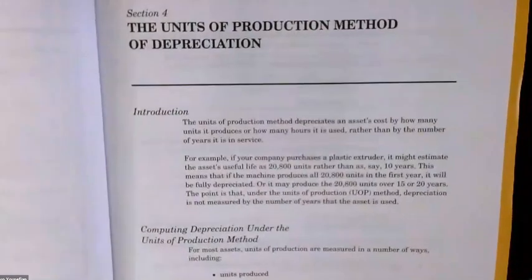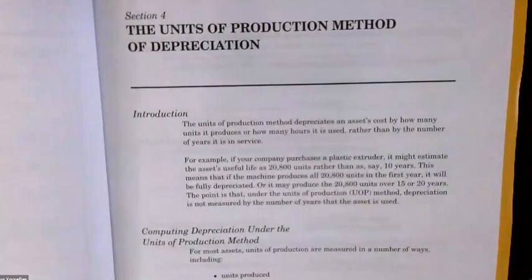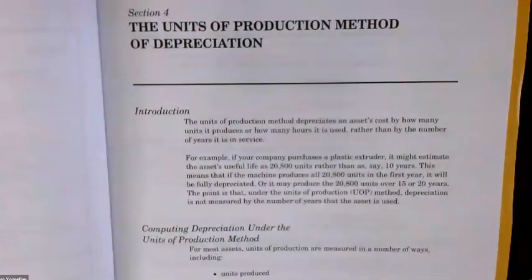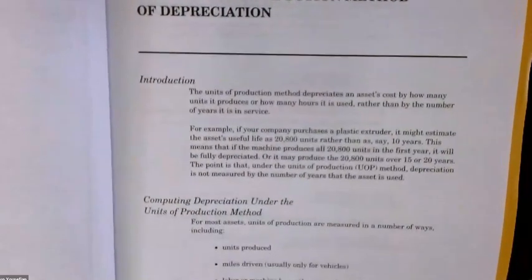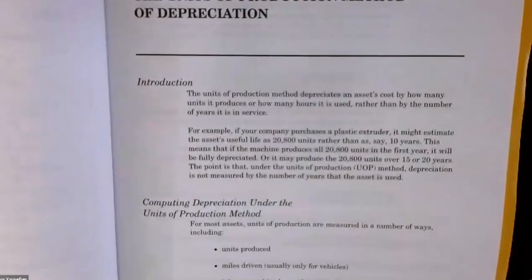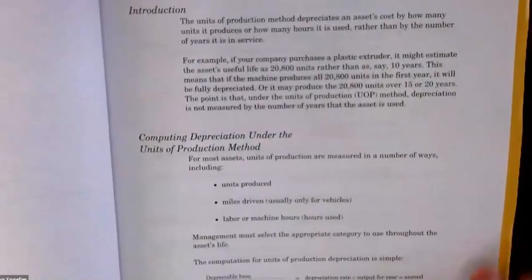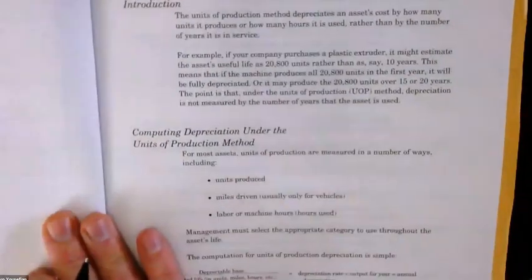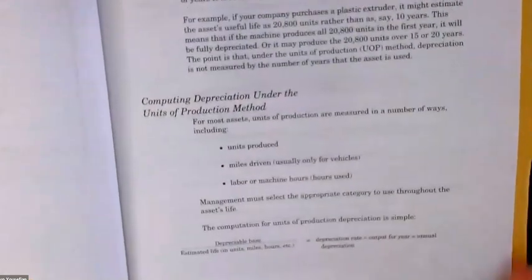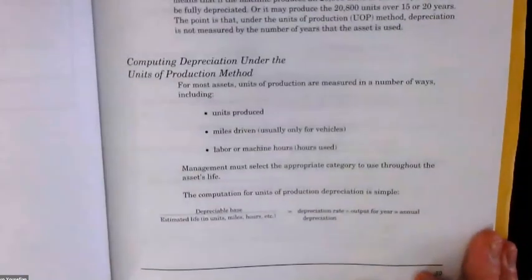For the next section, section 4, the units of production method of depreciation. For this method, you have to use either mileage, machine hours, units produced, something like that. So there are different options that you can use. This type of depreciation doesn't exist in taxation, so just so you know, it is only available under GAAP.